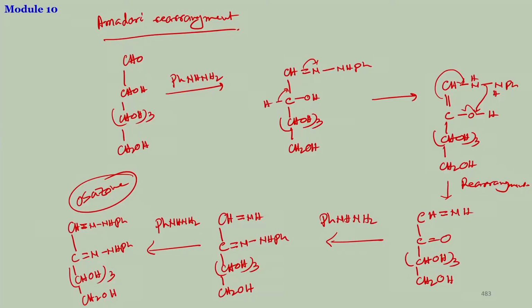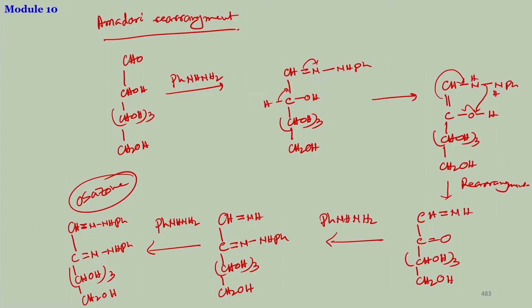Last time we discussed a rearrangement known as the Amadori rearrangement, where we have seen that if you take an aldose, in this case an aldohexose, aldose means you have the CHO at the terminal, and then if you treat it with phenylhydrazine, it goes all the way here and gives you an osazone formation, which is basically this.